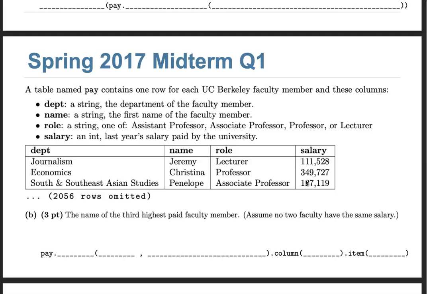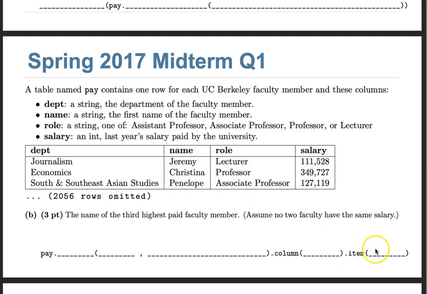Okay, remember after you sort the values, we want to get the third highest pay. So for the item here, we can specify which one. And since we want to return the name of that faculty, how should we fill in here? Great, according to the column, so it's the name of the column.